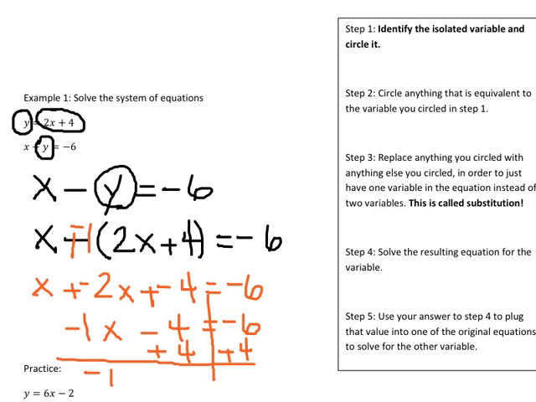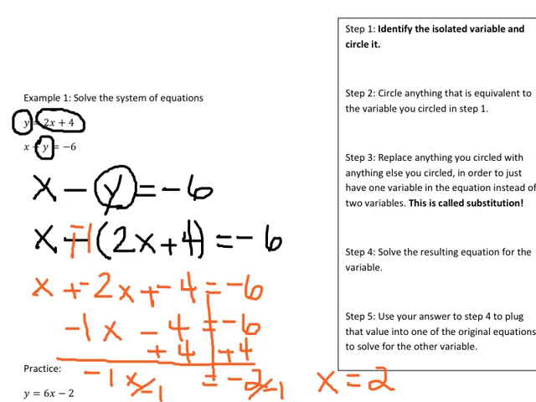So I have negative 1x is equal to negative 2. And then I divide both sides by negative 1. And that gives me x equals a positive 2. So I have completed step 4, where I solved the resulting equation for the variable.